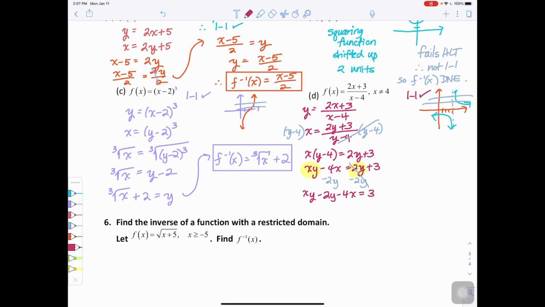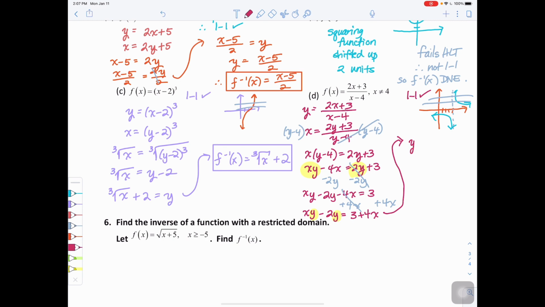Now I need to move this negative 4x, so I'm going to add 4x to both sides. And we end up with xy minus 2y equals 3 plus 4x. Now, why did I gather the terms that had a y in them? So that I could factor it out.